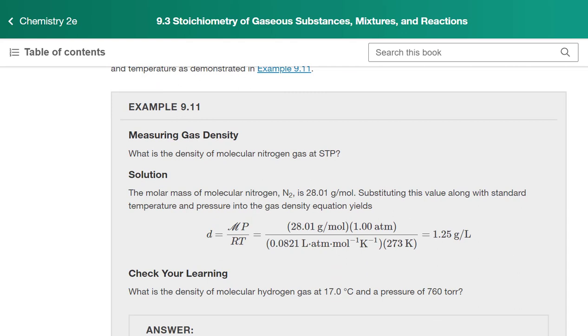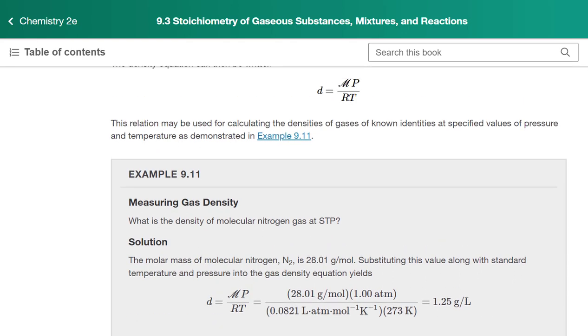There's an example here, so you might want to look at that as an example of measuring gas density. You'll notice it's basically a function of pressure, temperature, and the molar mass. So when we have our tables where we say, okay, this is the density of, say, iron, or the density of a piece of wood, for a gas, it depends on the temperature and the pressure, right?